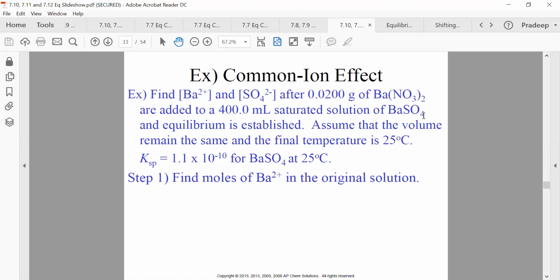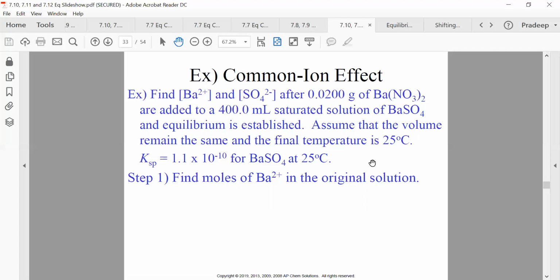So you have barium sulfate, and then you're adding barium nitrate to it, and the equilibrium is established. Assume that the volume remains the same and the final temperature is 25 degrees Celsius. And the KSP value of barium sulfate is given as 1.1 times 10 raised to minus 10.